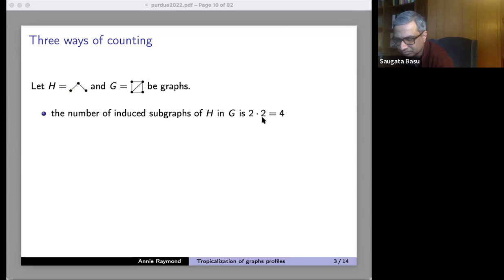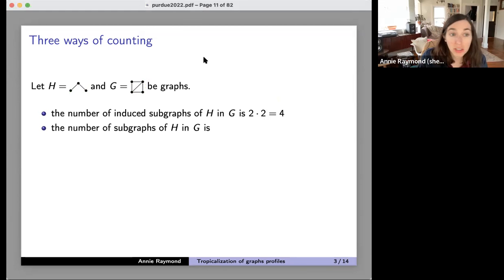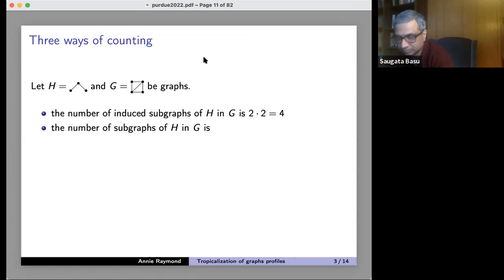All right, so what about if I want to count the number of subgraphs? Now I'm again looking at maps from the vertex set of H to the vertex set of G, and I want it to be injective, and I want to send edges to edges. So now all of a sudden I have way more choices, right?